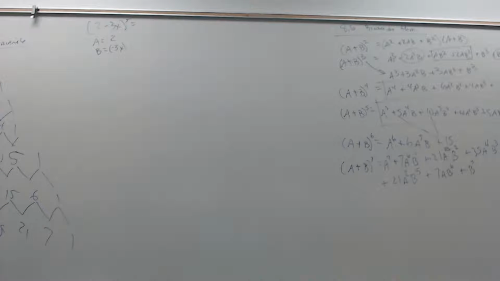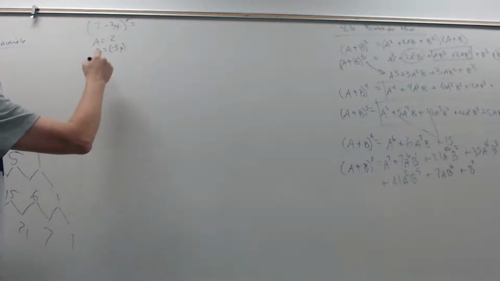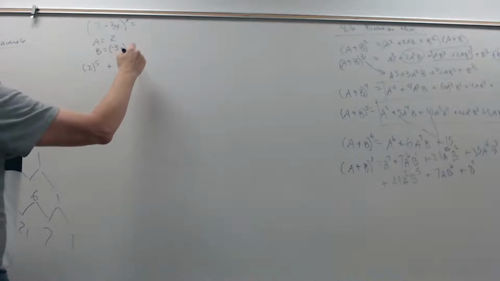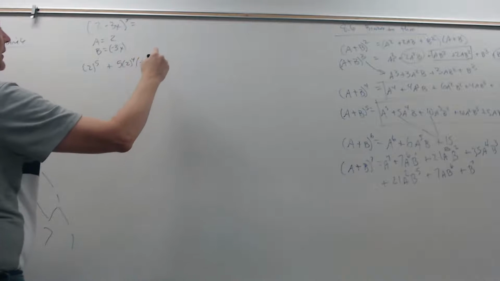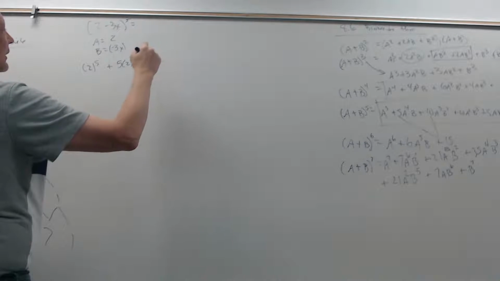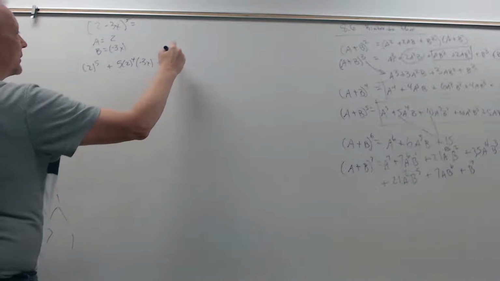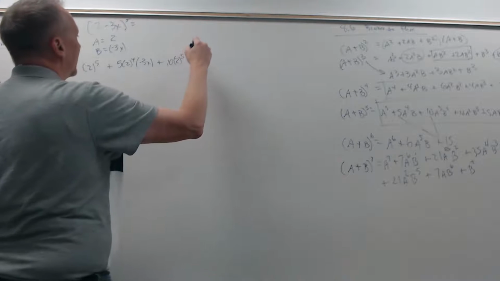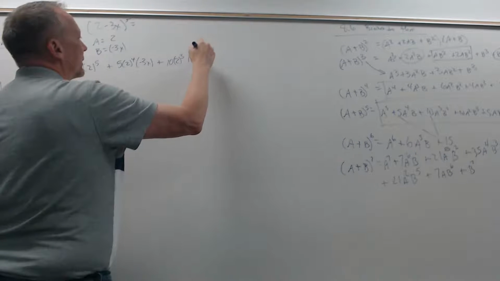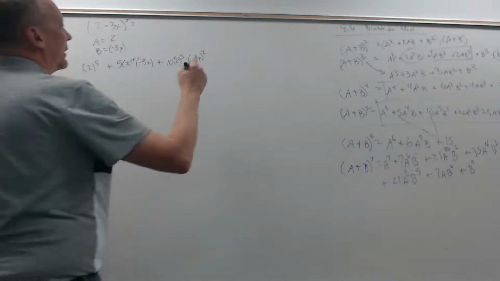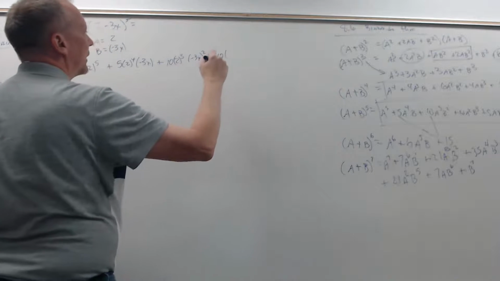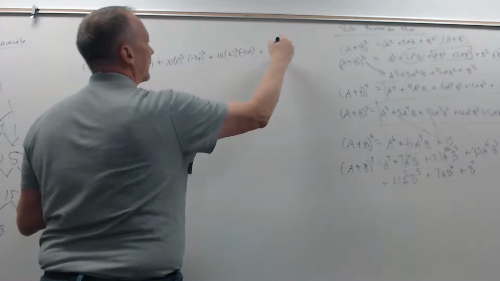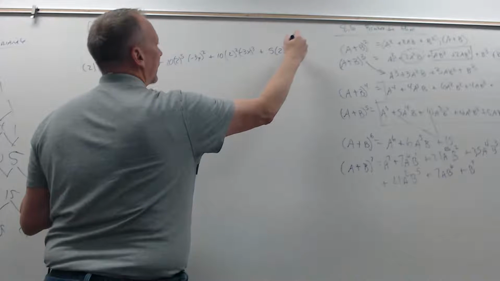So it's 2 to the 5th, plus 5 times 2 to the 4th times negative 3x, plus 10 times 2 to the 3rd power times negative 3x squared, plus 10 times 2 squared times negative 3x to the 3rd, plus 5 times 2 to the 1st times negative 3x to the 4th.